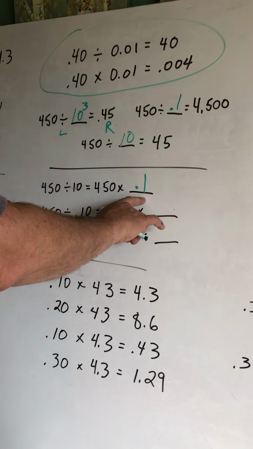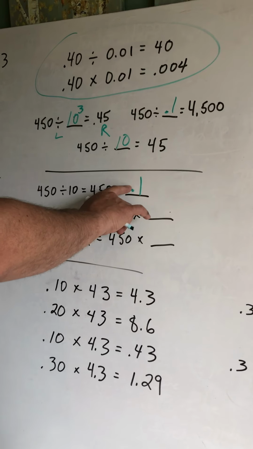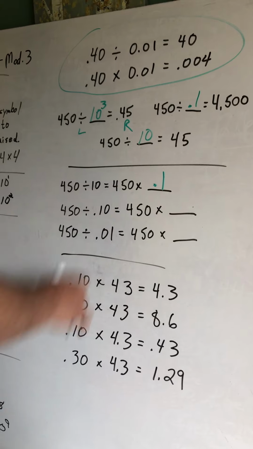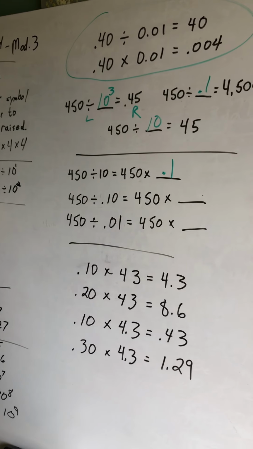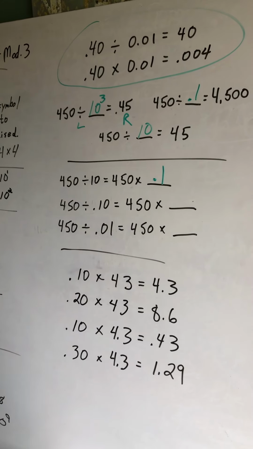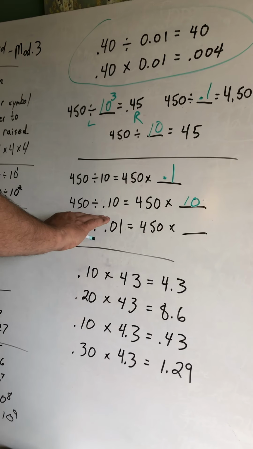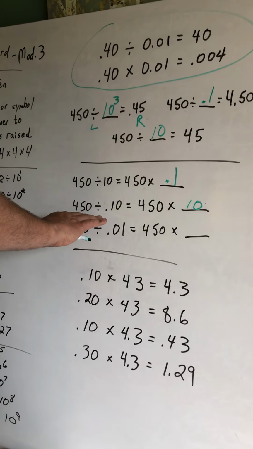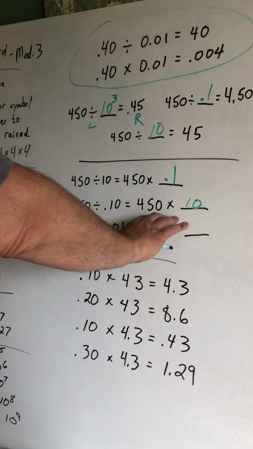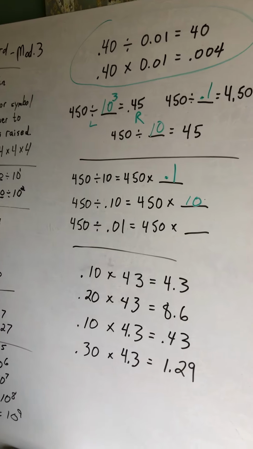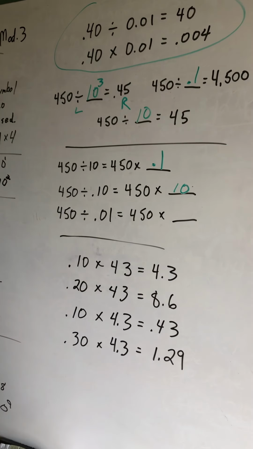And for this side to equal 45, you're going to have to multiply by 0.1 to bring that decimal back, okay? So the next one, to make it true, is 10. So 450 divided by 0.10, and then 450 times 10, you end up with 4,500, okay?